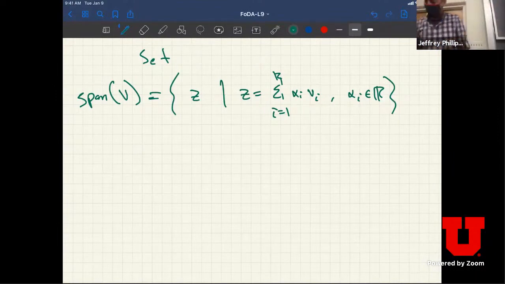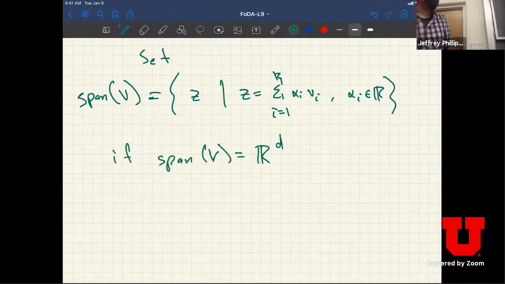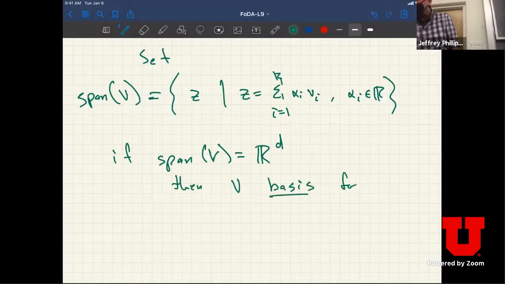Okay? If the span of a set V is equal to RD, so I can say that if it is the whole space, for instance, if I have D or more vectors, then I might likely get this property. Then we say V is a basis for RD. Okay, so I said this was going to be the basis of what we do a lot later in the semester.